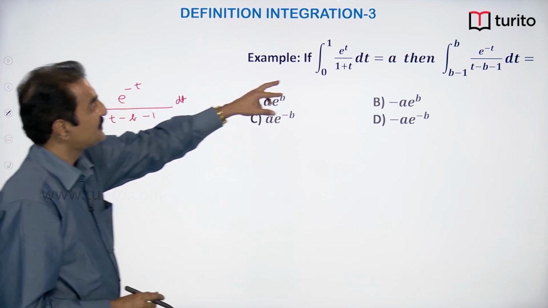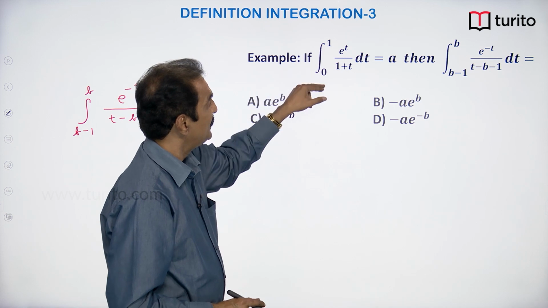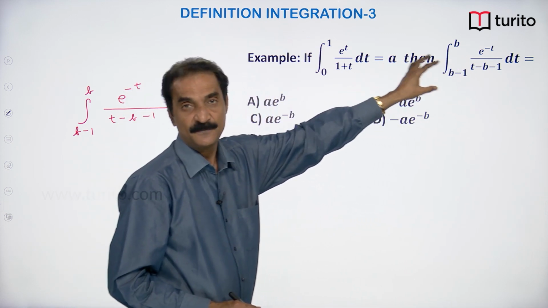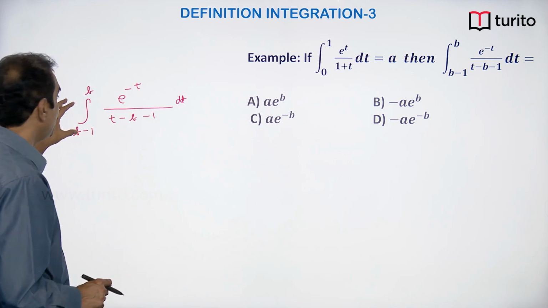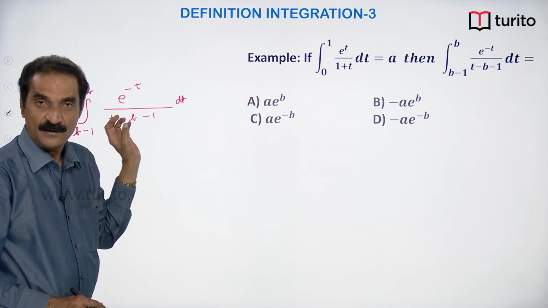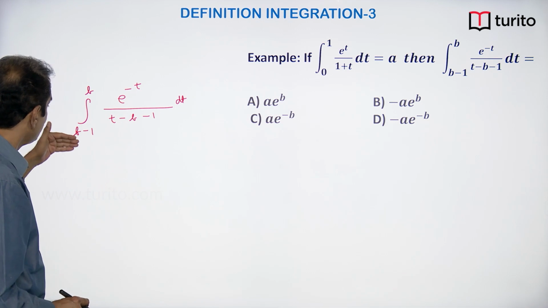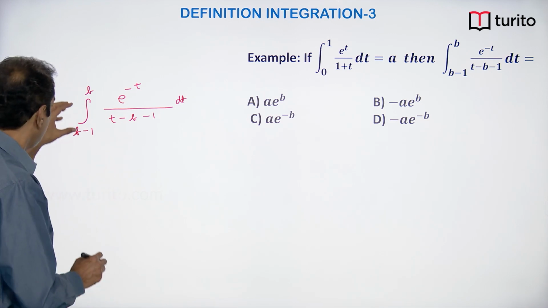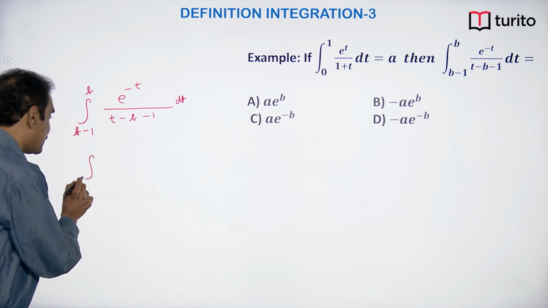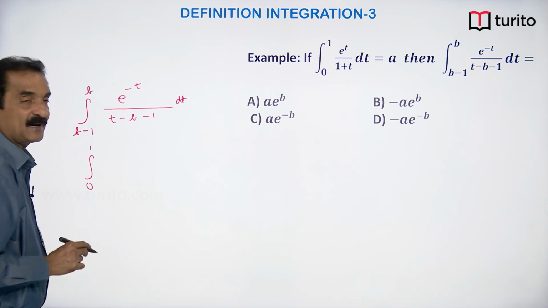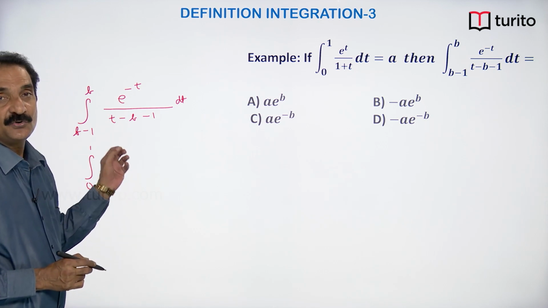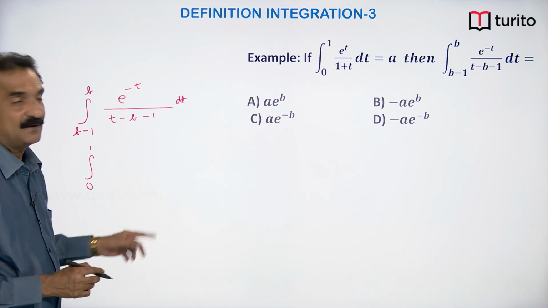I want the limits to be 0 to 1, then only I can write this in terms of a. So if you want to get the limits 0 to 1, you subtract b minus 1 from the limits. If you subtract b minus 1 from the limits, limits will become 0 to 1. If you subtract b minus 1, then you should add b minus 1 to the variable.